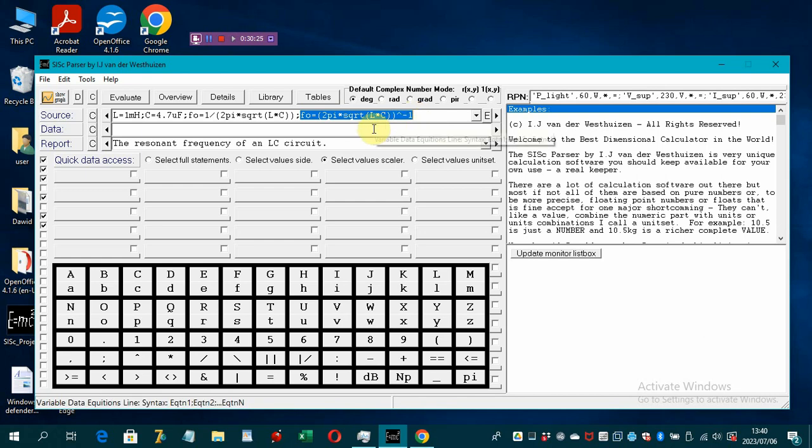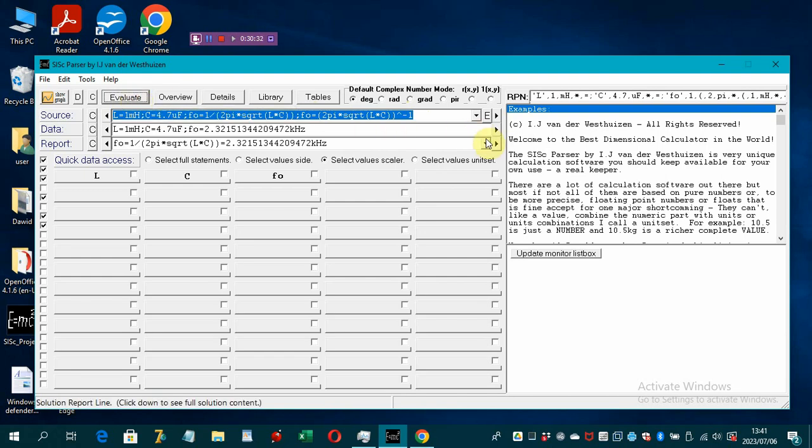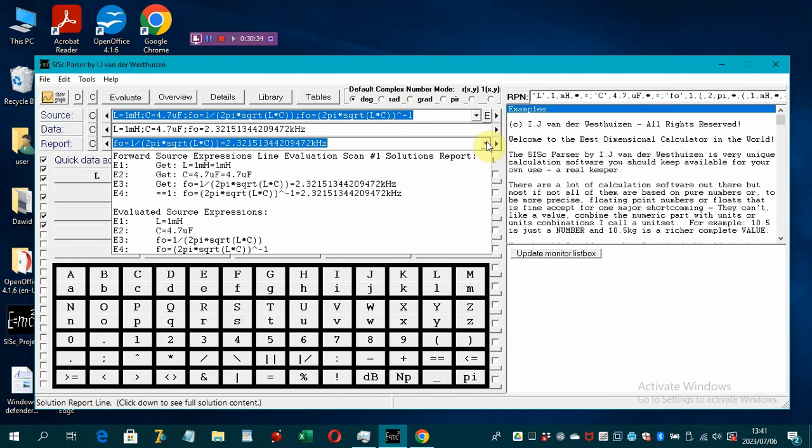So let's evaluate this example. We select and we evaluate, and there's a solution for the LC circuit. You will see the parser actually knows that FO should be frequency. We haven't stated any hertz here, we're only giving it an L value and a C value.